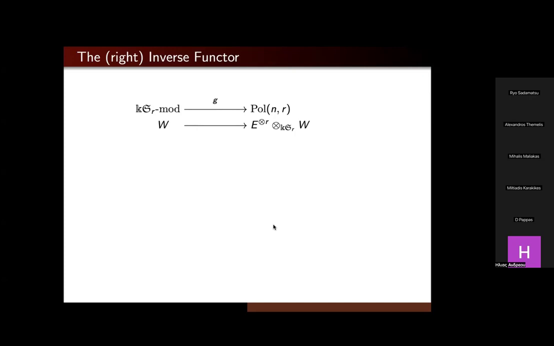Okay, now this is an inverse of the Schur functor, meaning that it's only the right inverse. If you apply this and then you apply afterwards the Schur functor, you'll get what you started with, but not the other way around. And that's a problem.